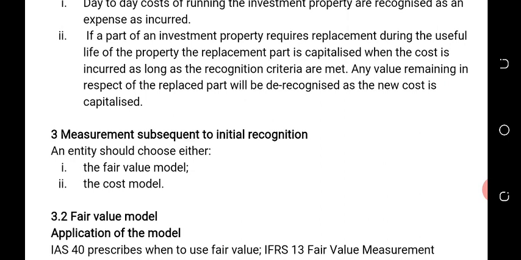So any capital replacement or capital expenditure under any investment property, that part that is being replaced or incurred should be capitalized to the cost of the investment property.